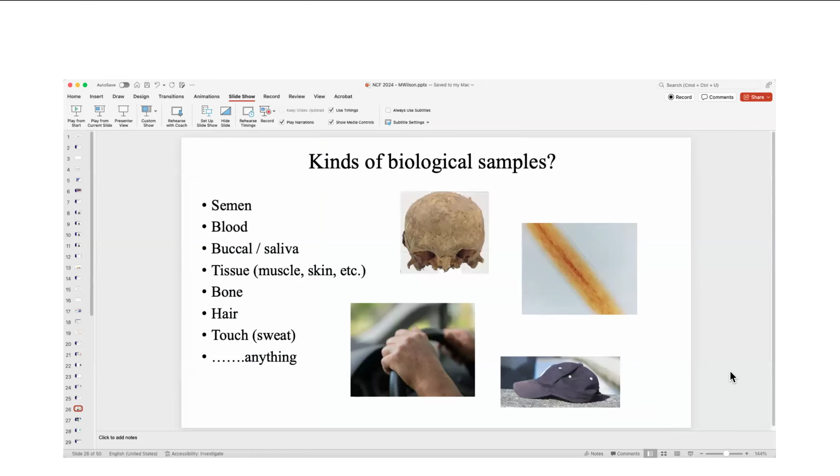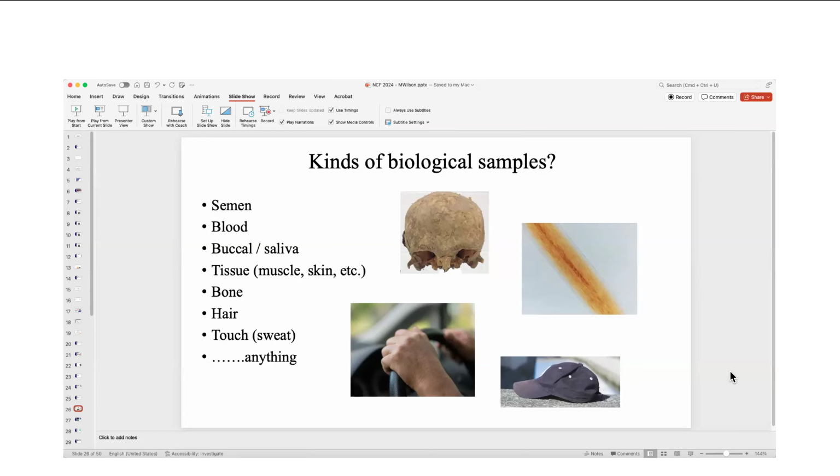The most difficult by far are aged, old bones, but they can be typed, and many unidentified human remains cases have been solved using bones. So even though it's difficult, a lot of progress has been made there.